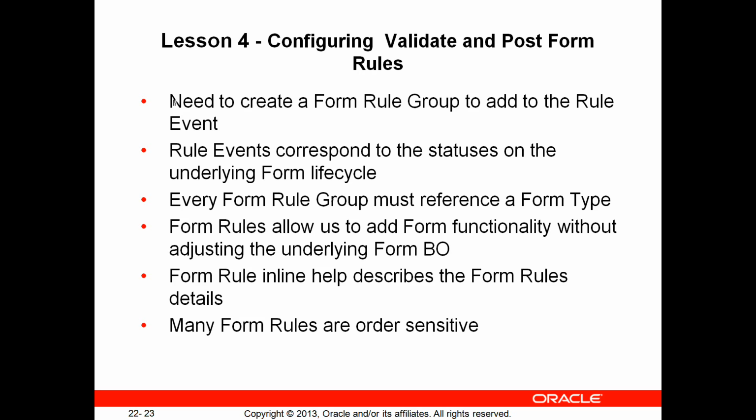Form rules are sometimes difficult to fully understand without looking at the help, and there's inline help which helps you look at the base form rules which come with the system. It's important to look at those because sometimes they are quite detailed. Also, we have seen that form rules sometimes expect a certain order. One runs after the other.